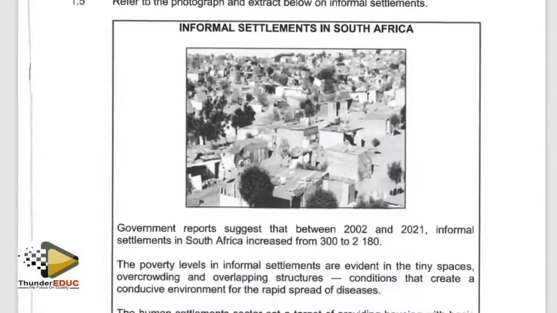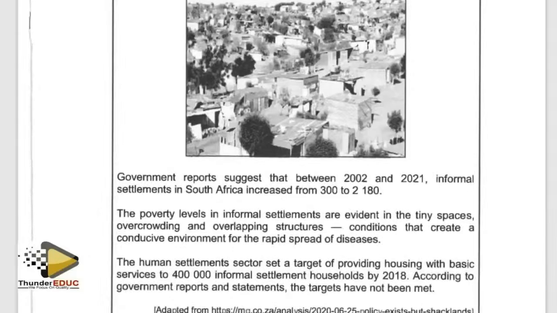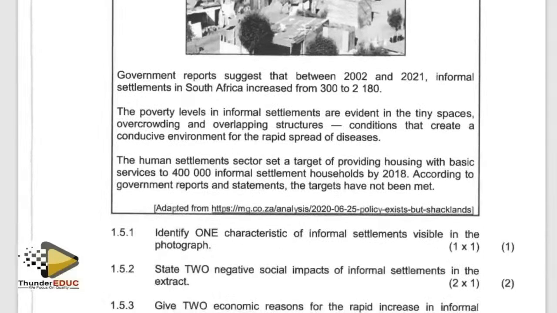1.5 is basically about informal settlement in South Africa. We have to read this extract. Government reports suggest that between 2000 and 2001, informal settlements in South Africa increased from 300 to 2,180.